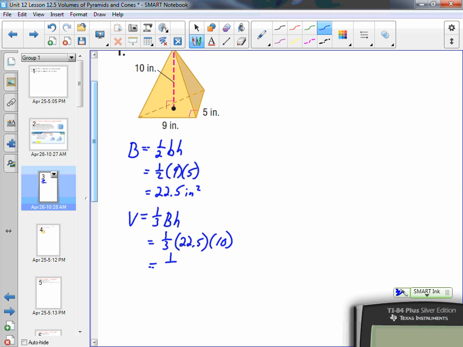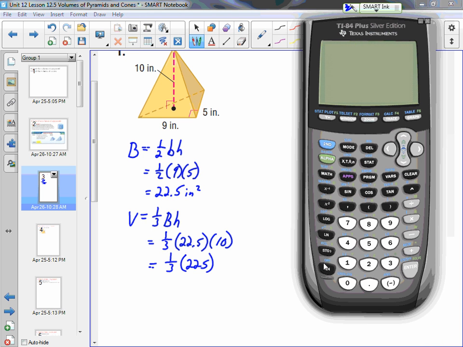Now I can do this without my calculator. 22.5 times 10, I just have to move the decimal one place, don't I? And get 225. Now, 1/3 times 225 is the exact same thing as 225 divided by 3. And for one of the few times today, we get a whole number. So 75 cubic inches is the volume of that pyramid.